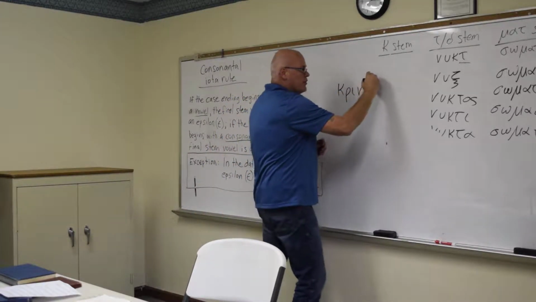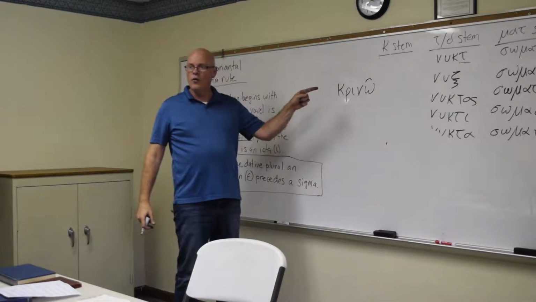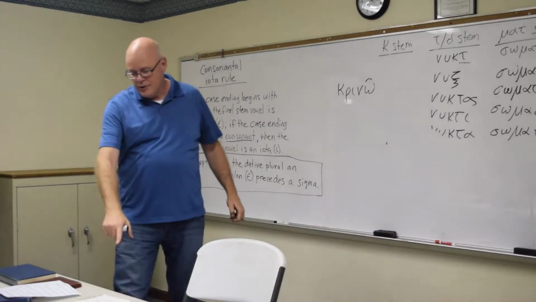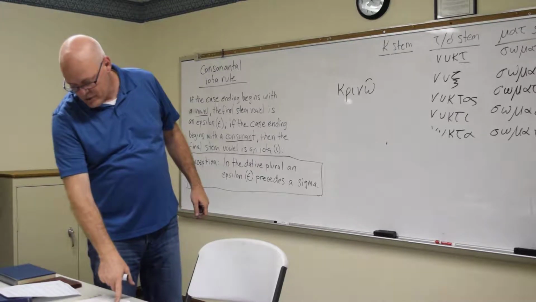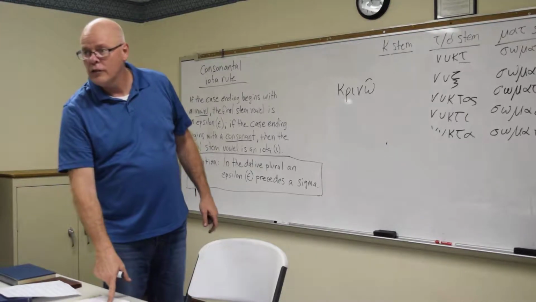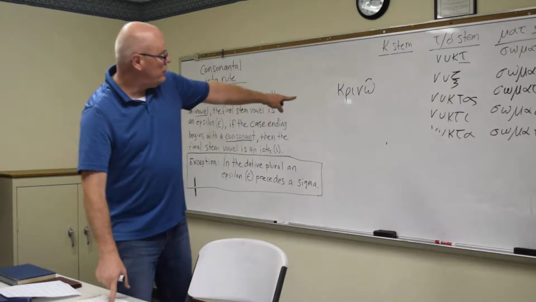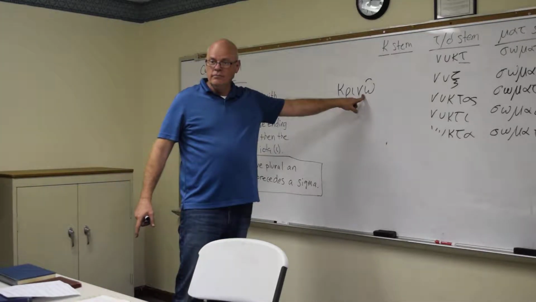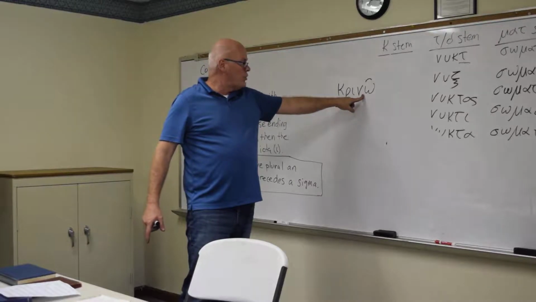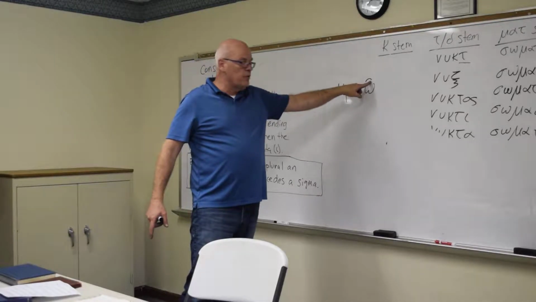But then you put this little circumflex over it to let you know that that's what's happened. You can see it in your chart, where it says crino, and then the other one's crineo. That's actually what's there, but what you're going to find in the New Testament is this with the circumflex.